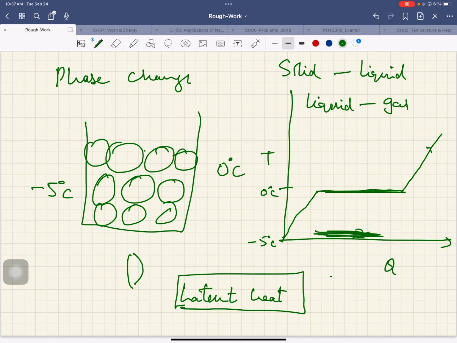And for water, it's 80 calories per gram. This is called the latent heat of fusion for water. You want to remember this number. What does this number mean? To melt 1 gram of ice, you need 80 calories of heat. And if you wanted to freeze 1 gram of water, you would have to remove 80 calories of heat.